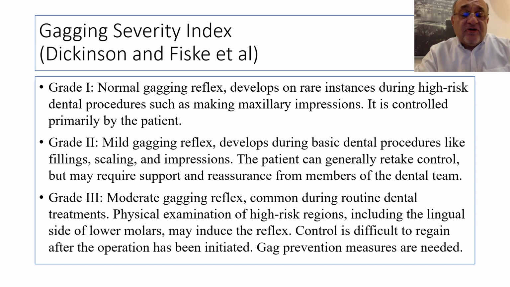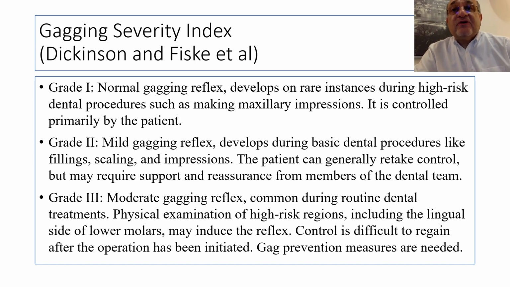Increased severity is grade 3, the moderate gagging reflex. It is common during routine dental treatments. Physical examination of high-risk regions, the areas that we talked about, the soft palate, the dorsum of the tongue, the last part, and the throat, and including the lingual side of the lower molars.